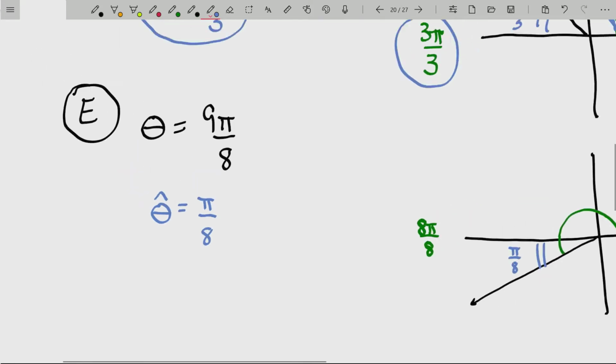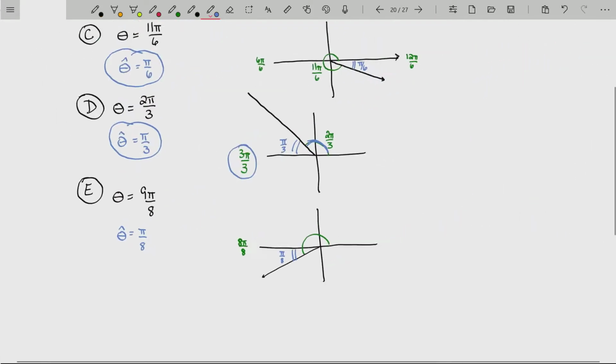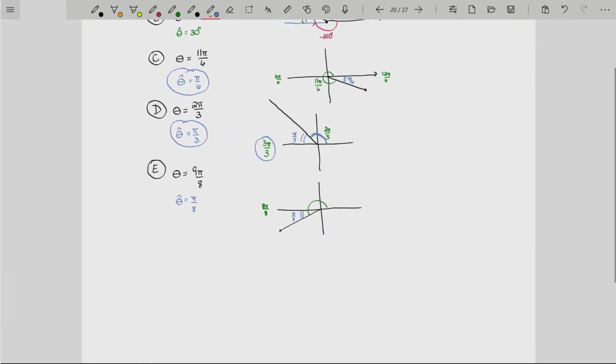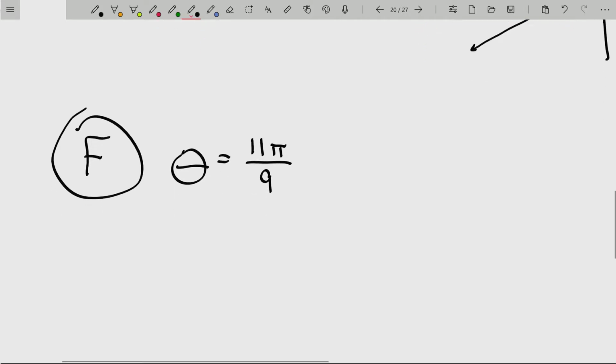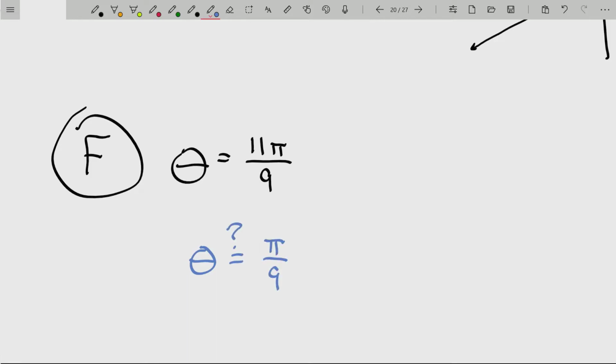And so you can see that pattern. Now, I just want to say that again, it is not always true. I can easily make an example. For example, let's do theta equal to 11 pi over 9. Somebody would look at this and say, oh, pi over 9 must be the reference angle. The question is, is it pi over 9? Well, let's find out.